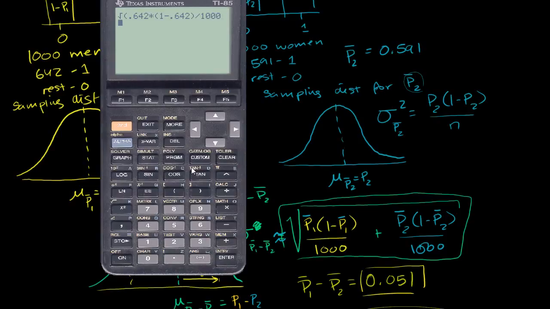And then we're going to add to that the same thing for the women. Our sample proportion is 0.591, times 1 minus 0.591. So that's this term right over here, divided by 1,000. Once again, I need to get the parentheses right. And then we just need to close the original parentheses, because we're taking the square root of everything.